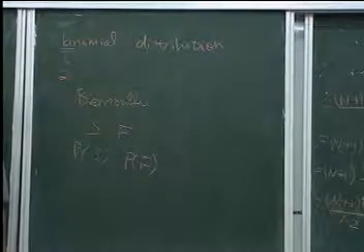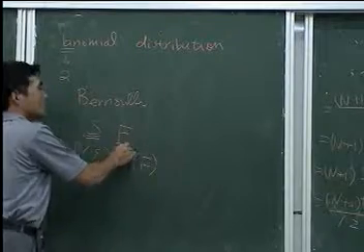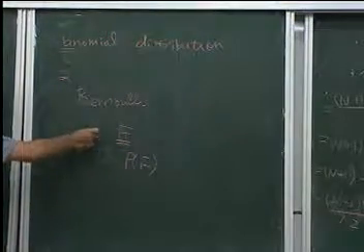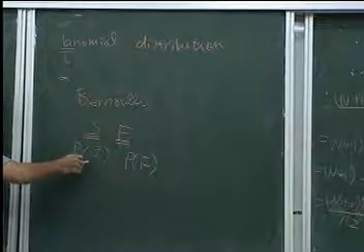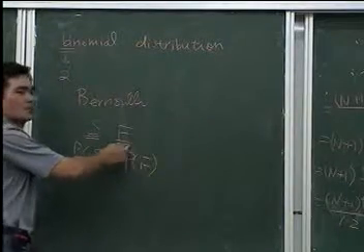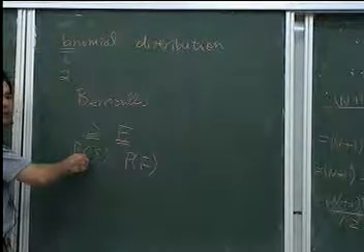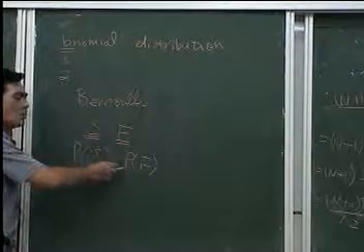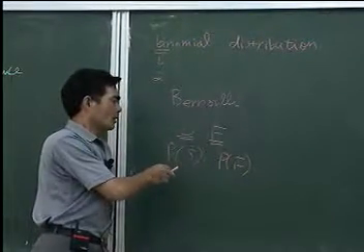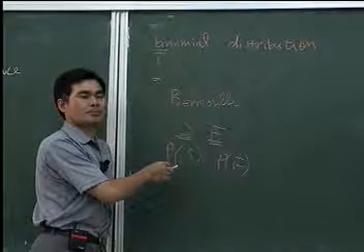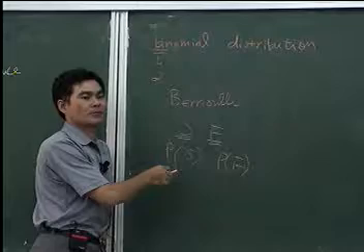So in this case, there are several things here. First, in this experiment, there are 2 possibilities, success or failure. The second one is, of course, there's a probability of success and a probability of failure. In each experiment, the probability of success will not change, and also the probability of failure will not change. And in each experiment, the results are independent of each other.